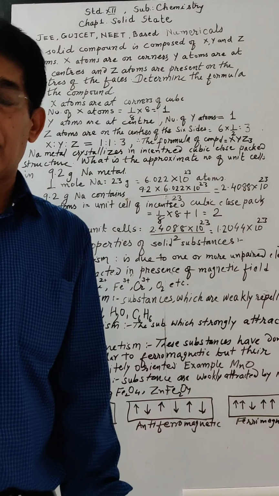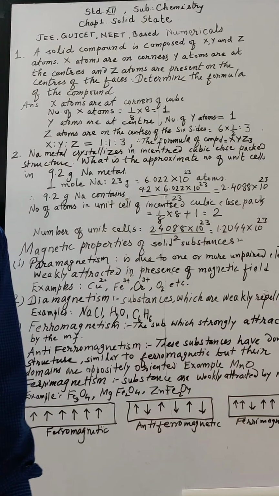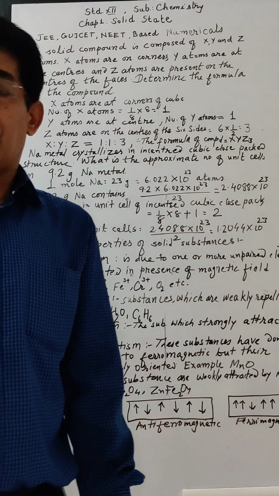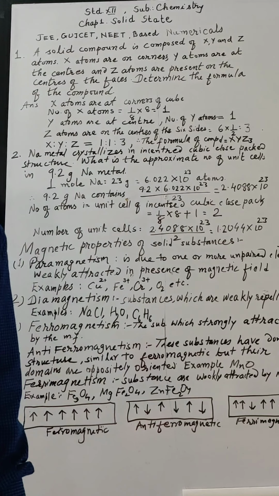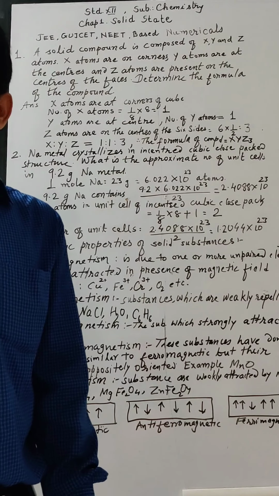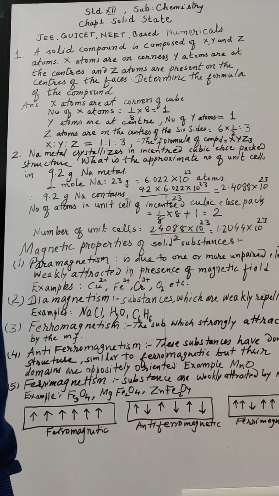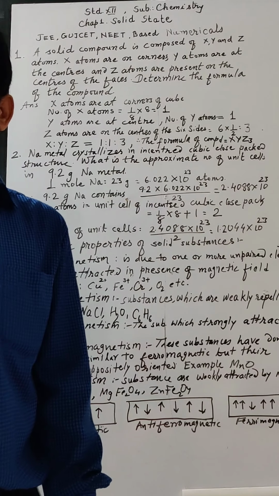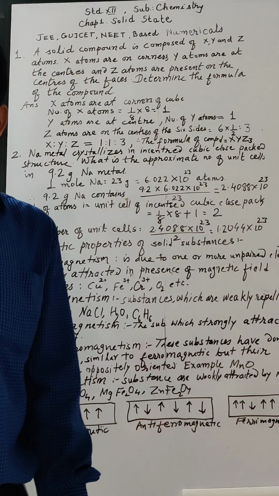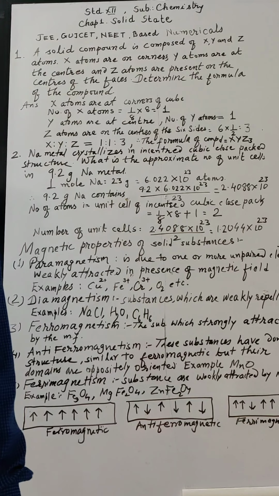You have also learned types of defect: point defect, line defect. Types of defect: stoichiometric defect, and classification of stoichiometric defect is interstitial defect, Frenkel defect and Schottky defect.